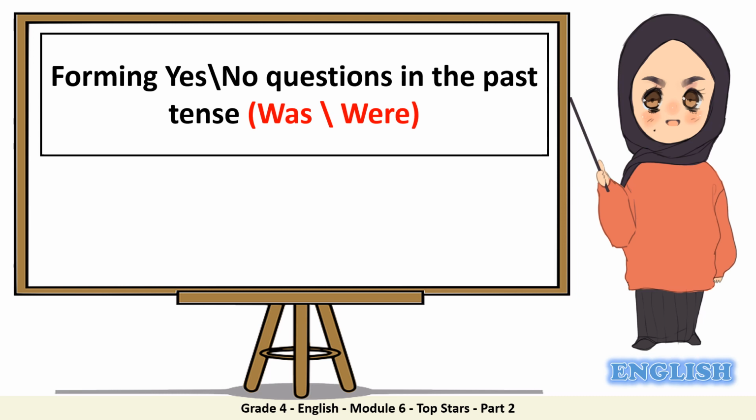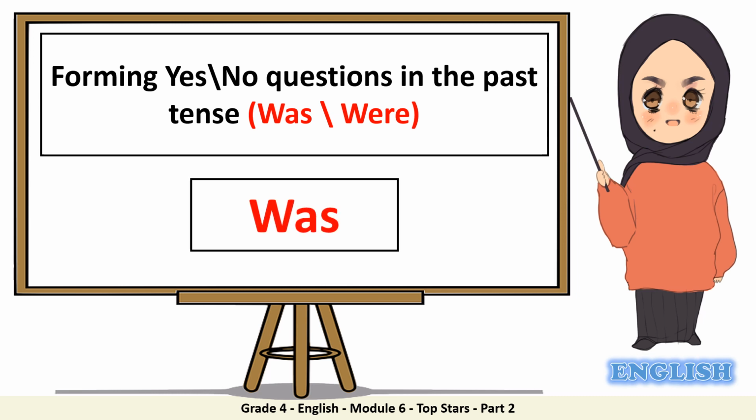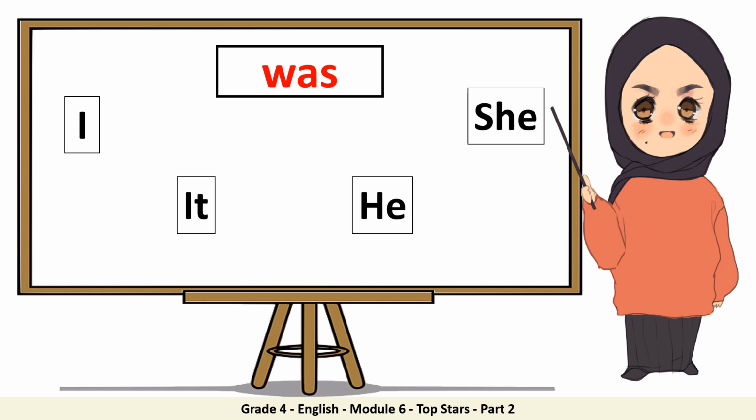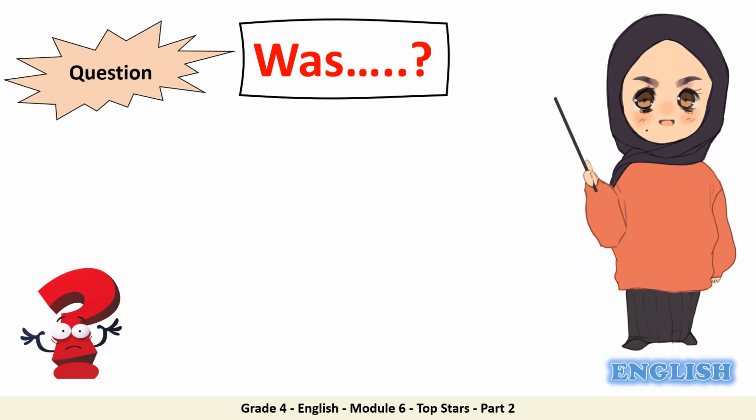Today we will be learning how to form yes/no questions in the past tense using was and were. Let's start with was. First of all, you have to know that we use was with the singular pronouns like I, it, he, and she. And now I will teach you how to form a question using was.